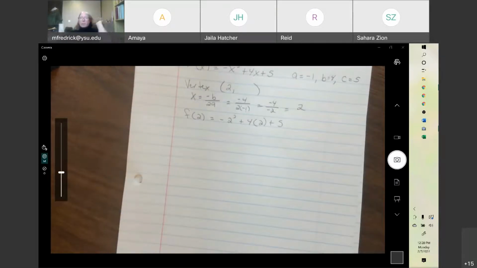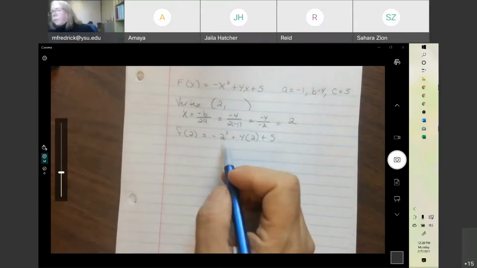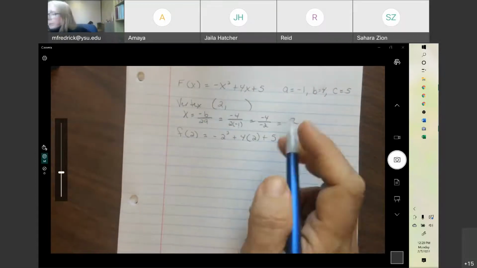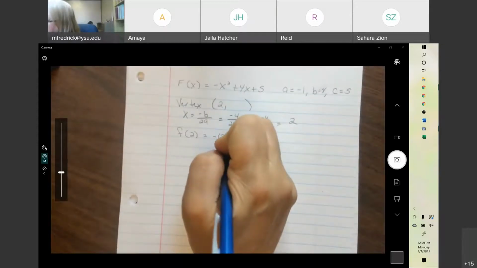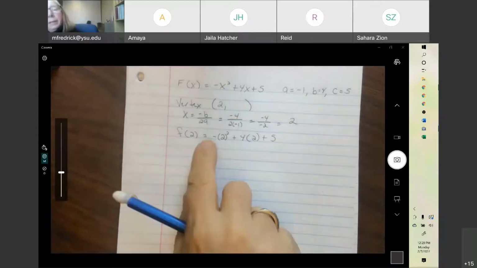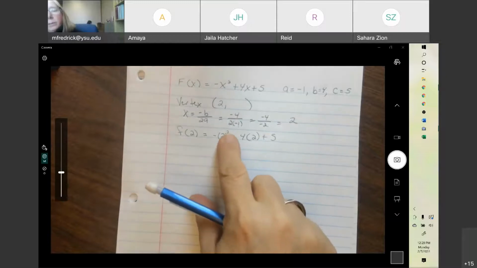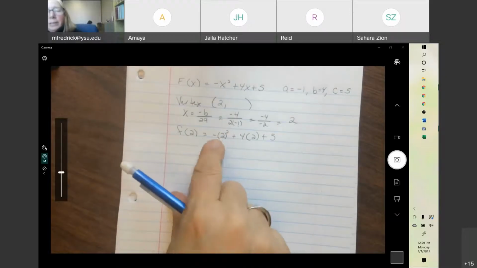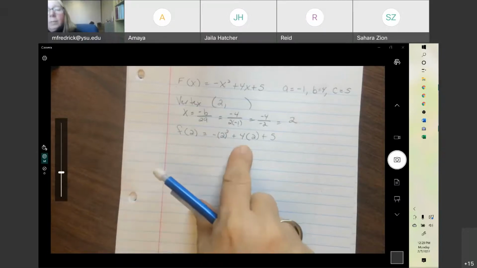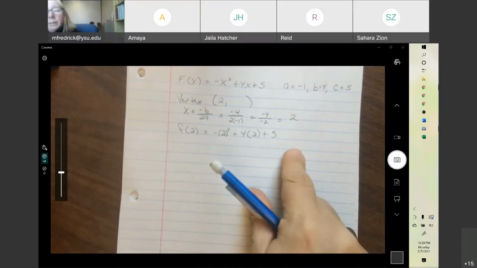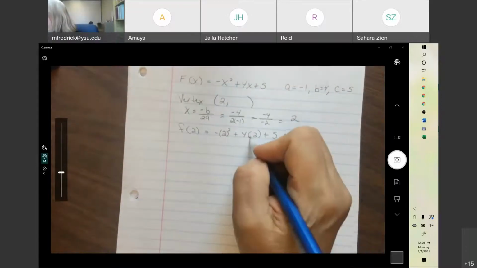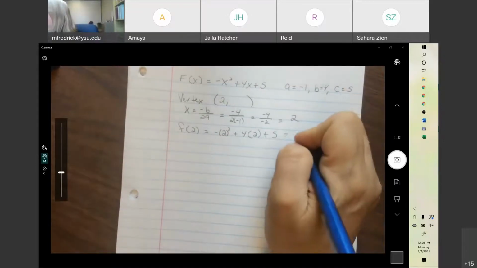now what you need to be careful of here, you're only squaring the 2. Notice here I put parentheses when I plugged it in. It's a good idea to put parentheses when you plug them in. That way you realize I'm only squaring the 2, then multiplying it by the negative. So this is actually a -4 plus 8 plus 5, which would be 9.